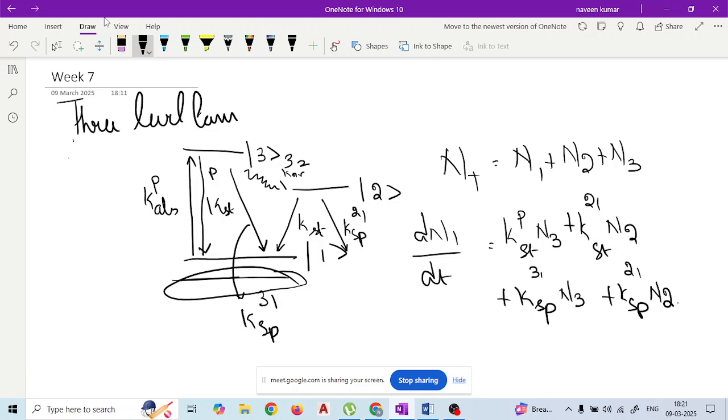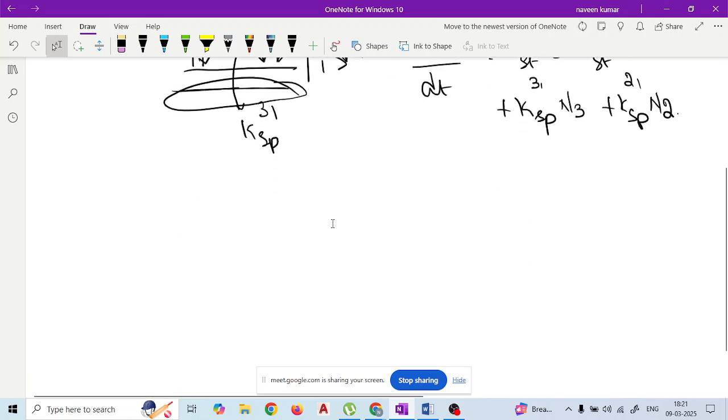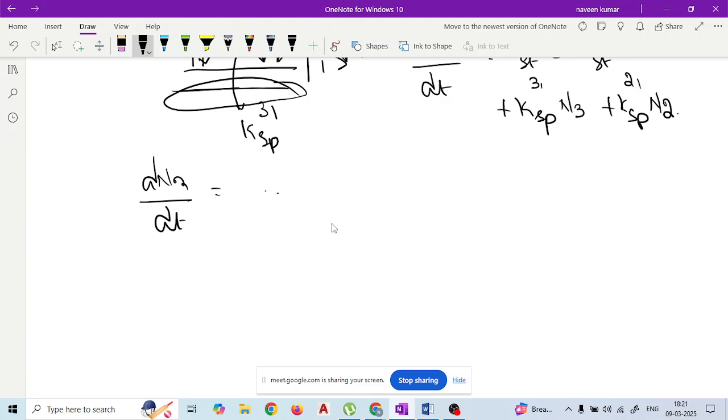The same goes for dn2 divided by dt also. Our final aim is to get a detailed view of (n2 minus n1) divided by the total n, that is, the change in n divided by n.